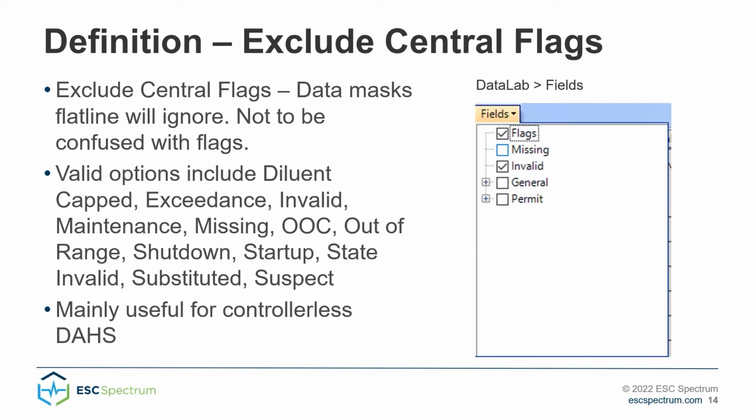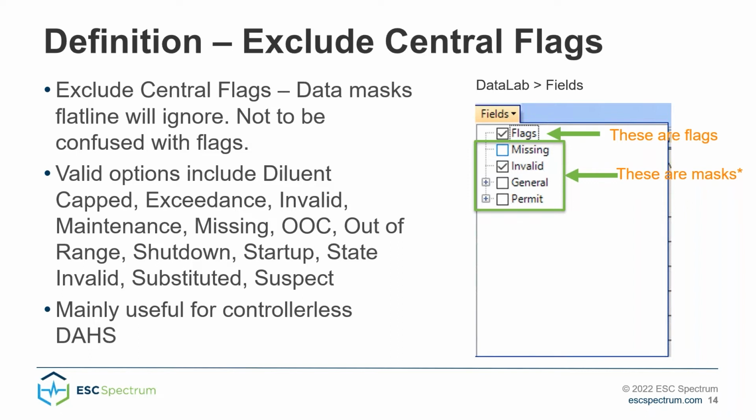For the difference between flags and masks, if you look at data lab fields, this little checkbox here for flags will pop up its own separate column that has the data controller flags that were applied to the data. Those are flags. The central flags, also known as masks, are basically everything else. There are some exceptions, but almost everything else is going to be a mask.